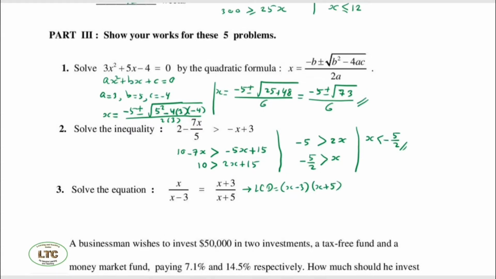You divide the left hand side by x minus 3 times x plus 5. Then x minus 3 and x minus 3 cancel, and x times x plus 5 is left on the left. On the right, if you multiply the right hand side by the LCD, x plus 5 and x plus 5 cancel, x plus 3 and x minus 3 are left.